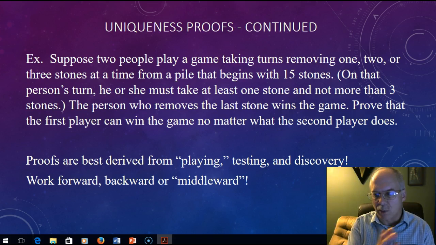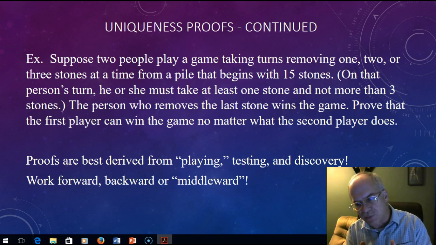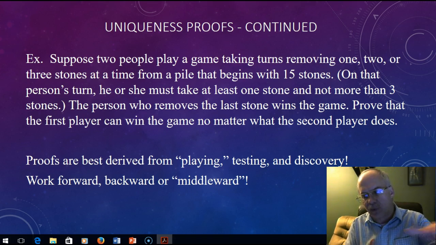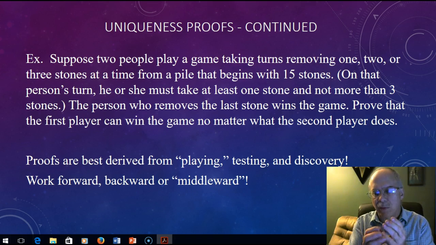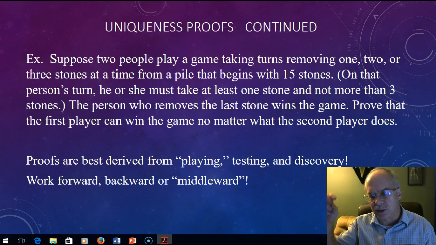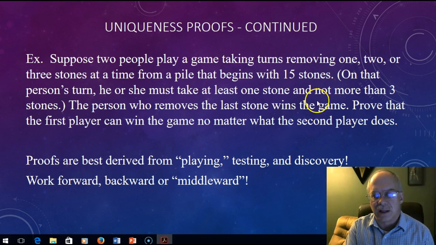Sometimes you'll work forward, sometimes you'll work backwards from what you're trying to prove and try to figure out, well, what do I need to know in order to get there? Or sometimes you'll move from the middle. You think something's true and you can go from both ways, and then eventually you'll figure out how to go from the beginning to the end. So just try your hand at it. Let me know if you have any questions.